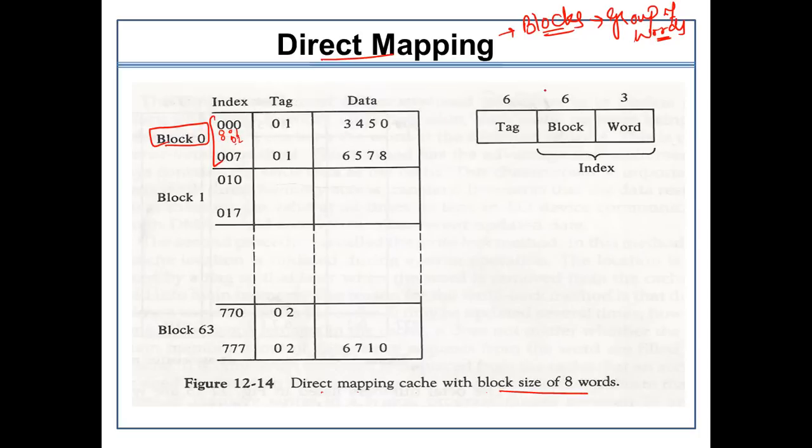We have segmented this 15-bit address into three parts. There were the 9 index bits. 3 bits are used to signify the word, and the block is signified with 6 bits, and then 6 bits are used to signify the tag. 6 bits in octal can be represented in the form of 2 digits.